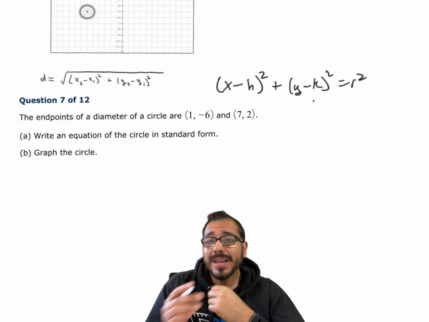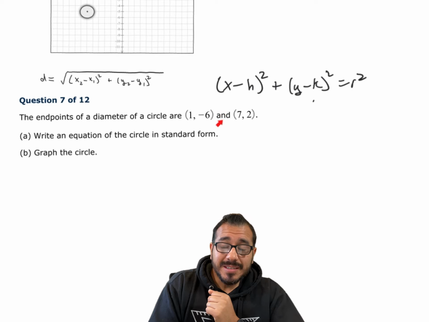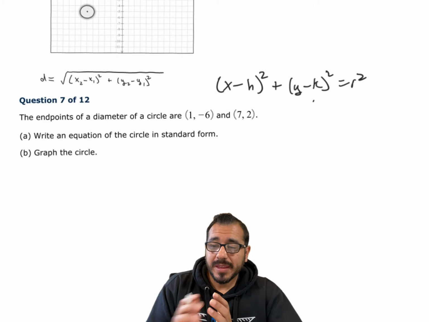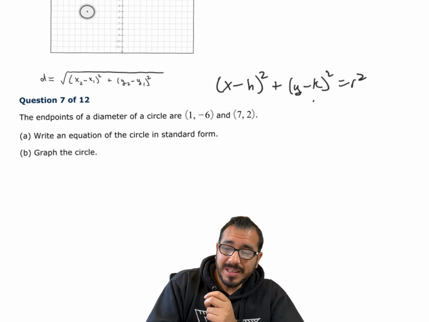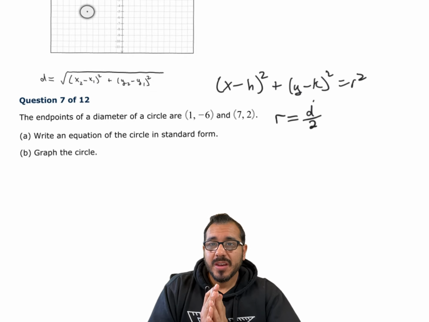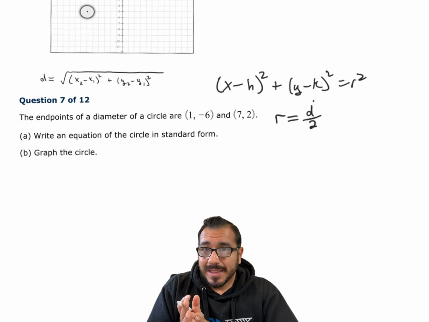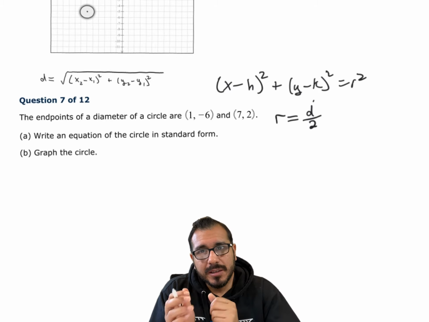We need to know the radius. But when we find the distance, it's going to give us the diameter. And remember the relationship between the diameter and the radius. If you have the diameter, what you need to do is divide it by 2 in order to get your radius. So again, I always want you to explore the formulas that you need to get the information that they're looking for, right? And that takes a little bit of work.